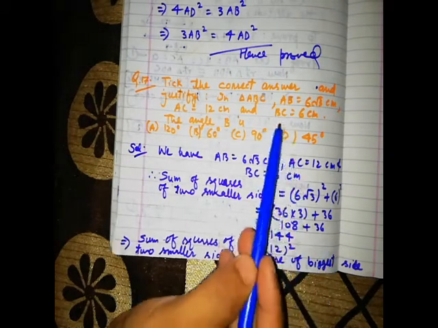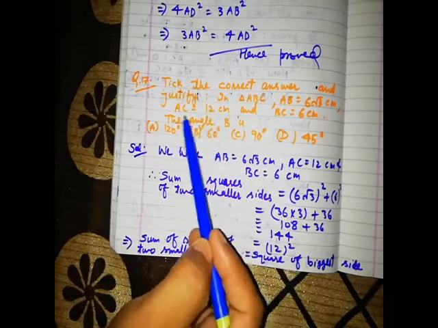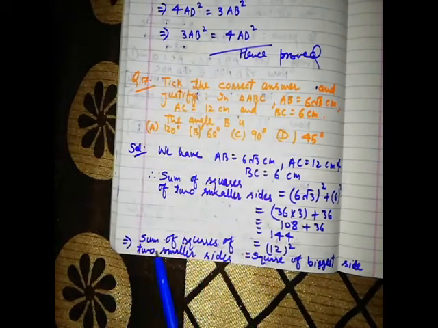We can see the third side is 12 cm AC, so we get sum of squares of two smaller sides equal to square of biggest side.